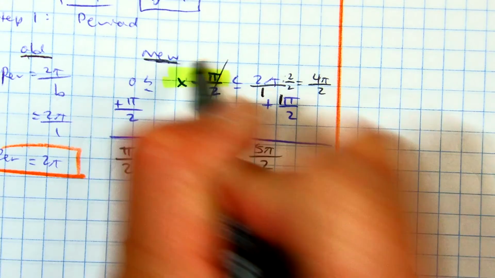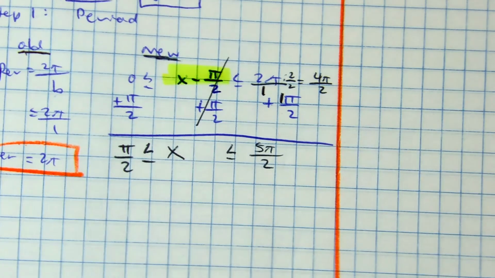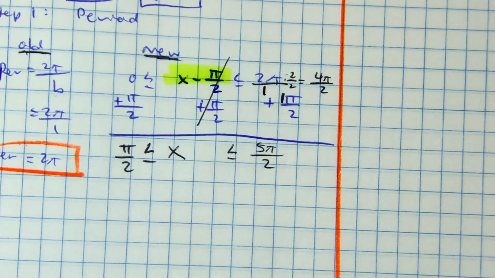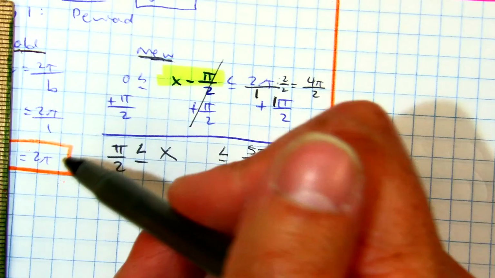This now tells me very specifically where my x values are. Let's go ahead and draw our graph.